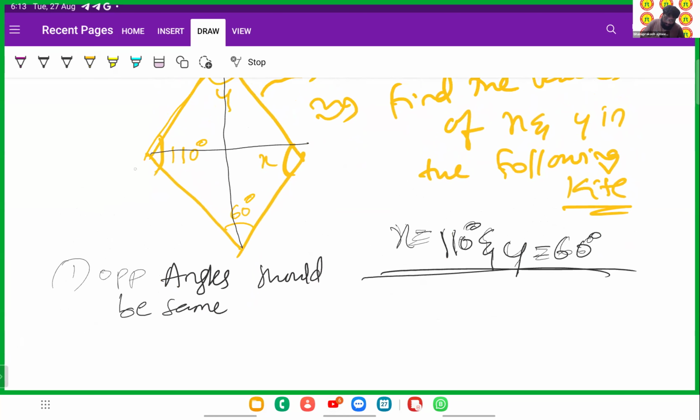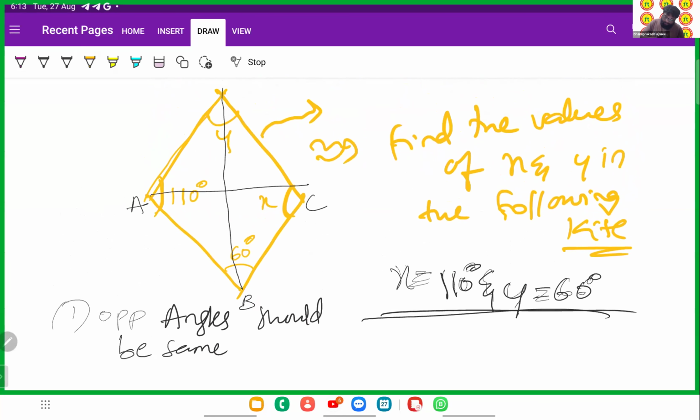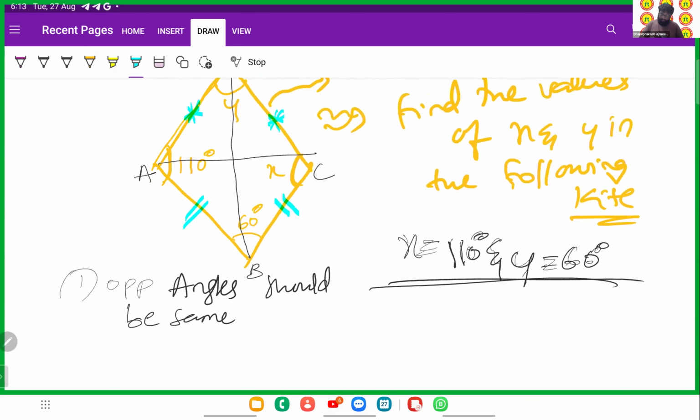Suppose this is A, this is B, this is C, and this is D. So side AB is equal to side BC and side AD is equal to side CD.